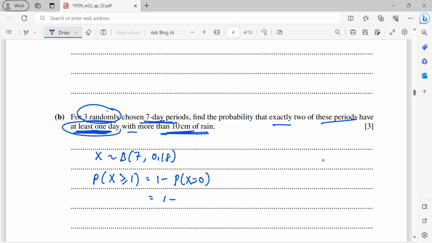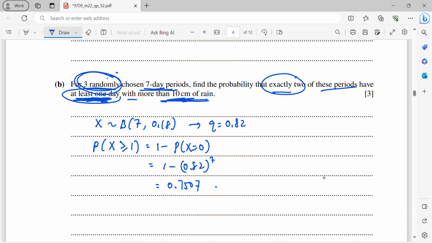This is 1 minus q to the 7, since P(X = 0) is all failures, and remember q is 0.82. Then you will be getting 0.7507. So for at least 1 day with more than 10 centimeter rain, that will be this probability.